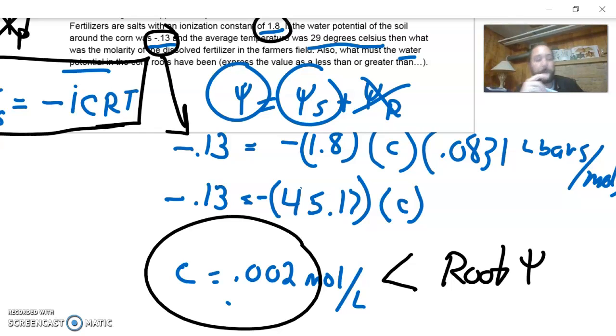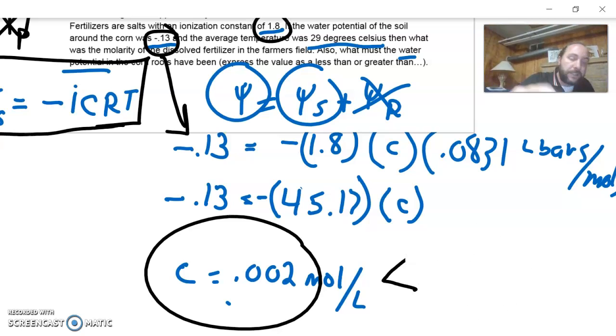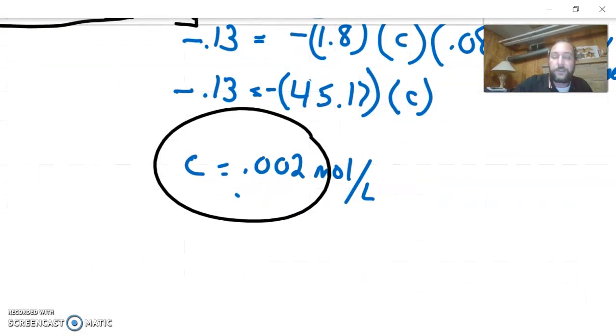So the root water potential must have been greater than the soil water potential, right? Actually, hold on, I'm not expressing that correctly. I should express that differently, because this value is the concentration of the soil. Let me do this differently.